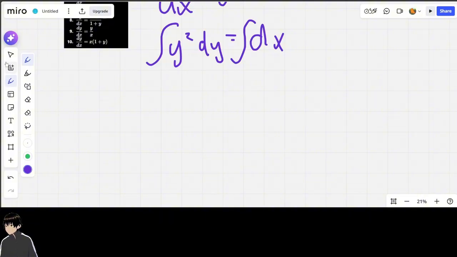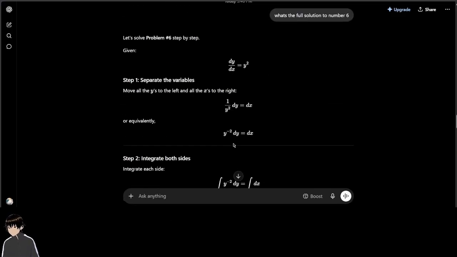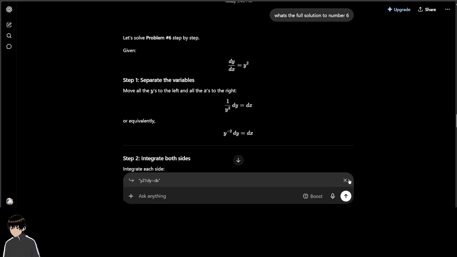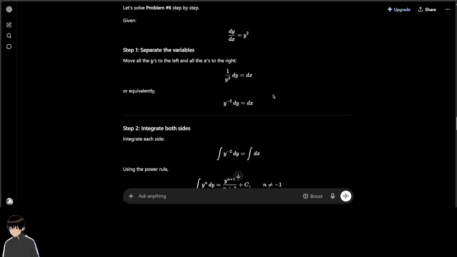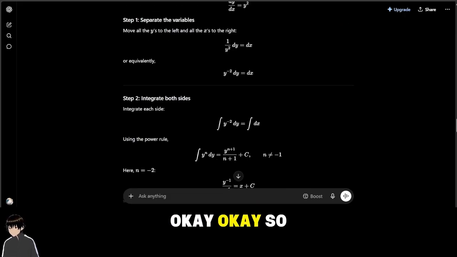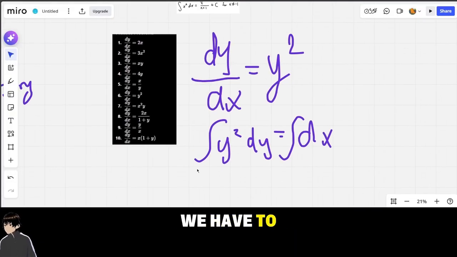Before we integrate, we have to move this and make it a fraction.